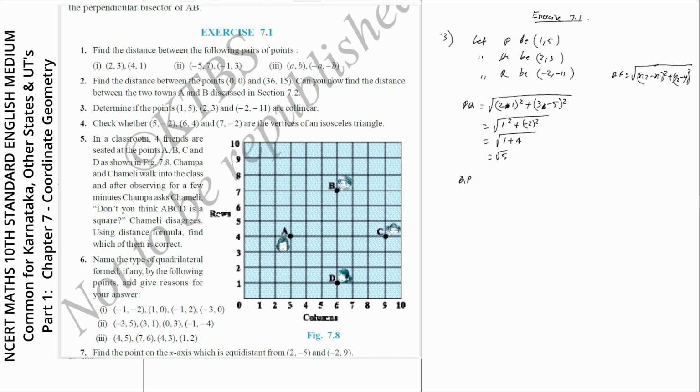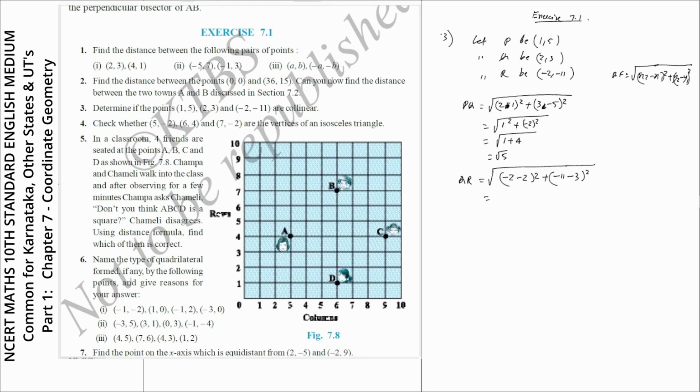Now what is the distance of QR? The distance of QR is given by the square root of (x2 minus x1) the whole square, that is (-2 minus 2) the whole square, plus (y2 minus y1) the whole square, that is (-11 minus 3) the whole square.